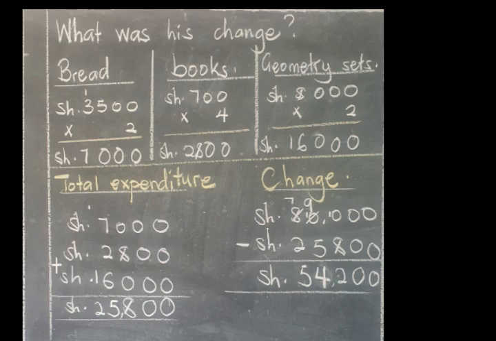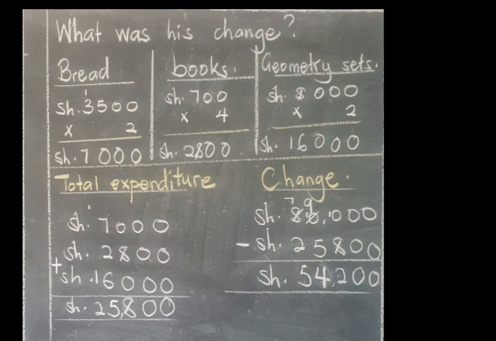After finding all the amounts spent on different items, we shall find the total expenditure. How do you find the total expenditure? By adding the amounts spent on different items. So we pick the money spent on bread, which is 7,000 shillings, then books 2,800 shillings, then the geometry sets, which is 16,000 shillings, and we add.